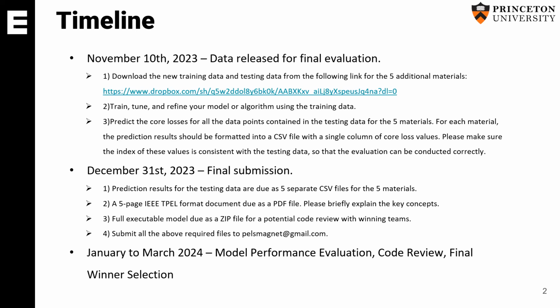To do this, please follow the instructions later in this presentation to make a fully executable model as a zip file. In the end, submit all of these required materials to the email account of the MagNet challenge. In January and March of next year, we're going to do the model performance evaluation, the code review, and also discuss with the judge committee to select the final winner.